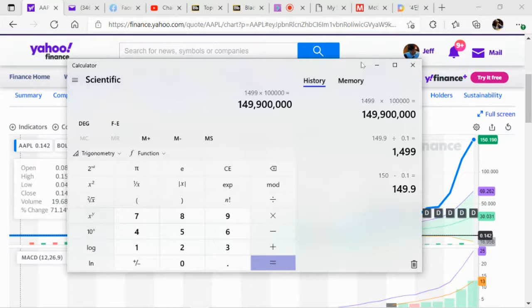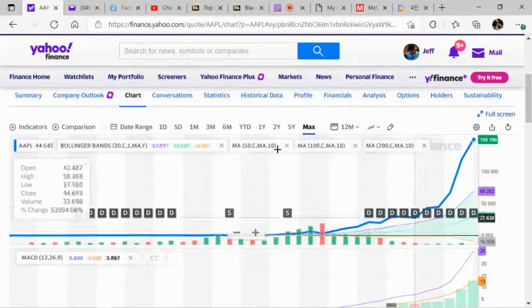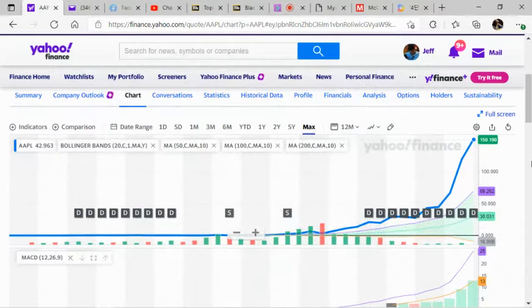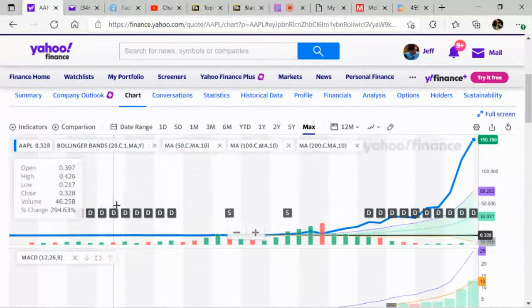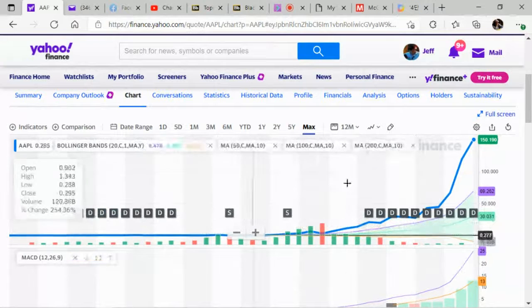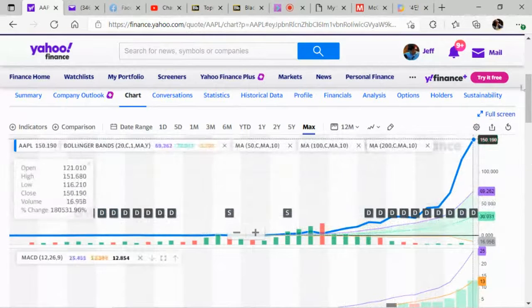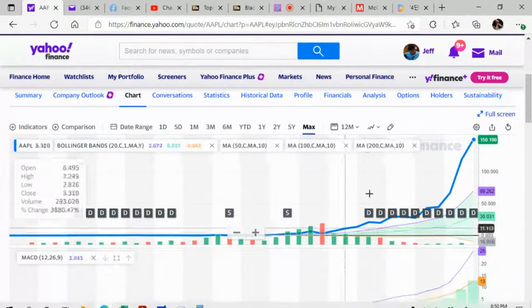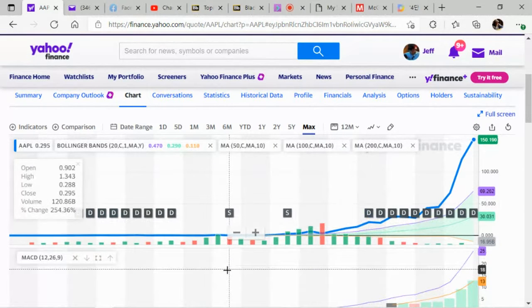If only I could travel back in time. But this is really what happens if you hold it for the long run, as long as the economy is growing. Of course, Apple outgrew the average economic growth rate.